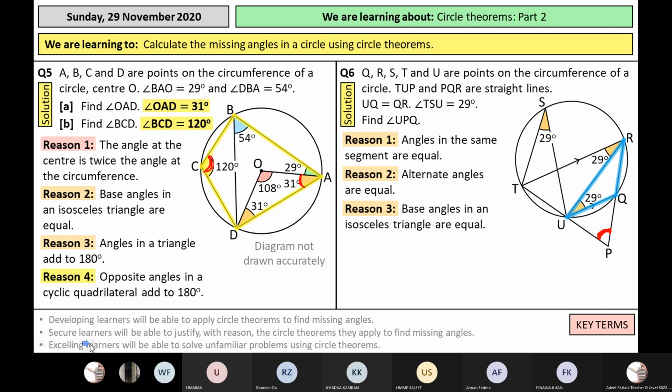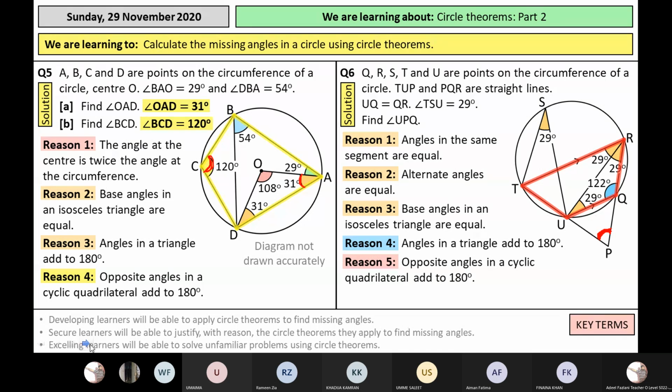Since it's parallel, this is 29, and angles in a triangle add up to 180, that is 122. Now target the cyclic quadrilateral.